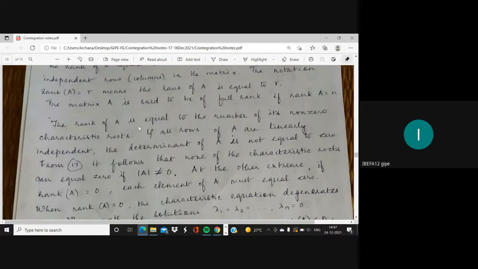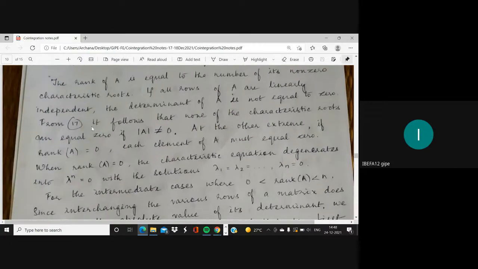Now the rank of A is equal to the number of its non-zero characteristic roots. Out of these n characteristic roots, how many of them are non-zero? That will give you the rank of the square matrix. Now, if all rows of A are linearly independent, the determinant of A is not equal to 0.